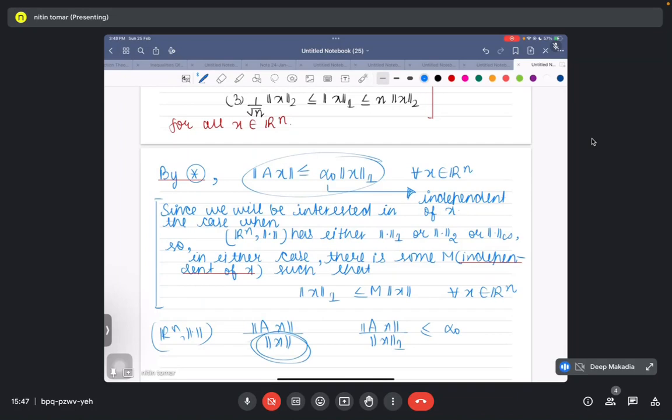Because in this course we'll be dealing with either norm 1, norm 2 or norm infinity, I can always compare norm 1 to this given norm, right? If this given norm is norm 1, then M can be 1, right?